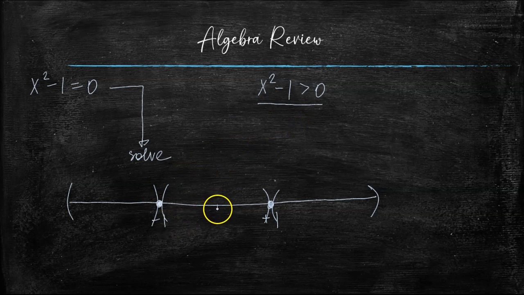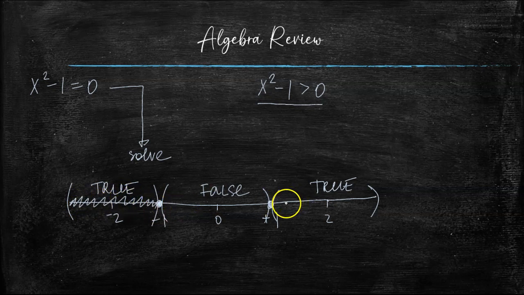So you can test it at 0, you can test it at 2, you can test it at -2, and you'll see that the inequality is true here, false here, and true here. So what does that mean? That means this is a solution of the inequality. This is also a solution of the inequality. Now, what about the boundary points?